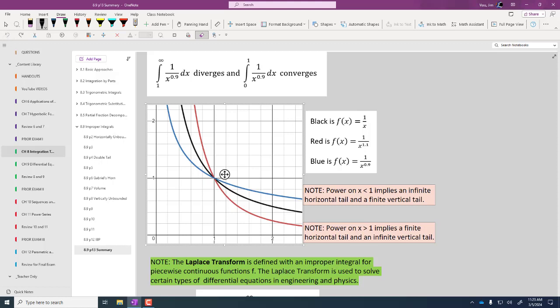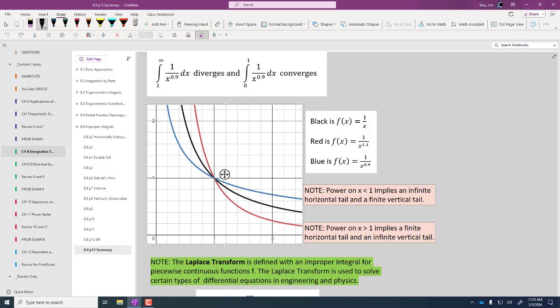So in our mind, we are thinking this. If the power on x in the denominator is more than 1, we have finite here and infinite there. That's the red one. If in the denominator the power on x is less than 1, it's reversed. It's whack-a-mole.